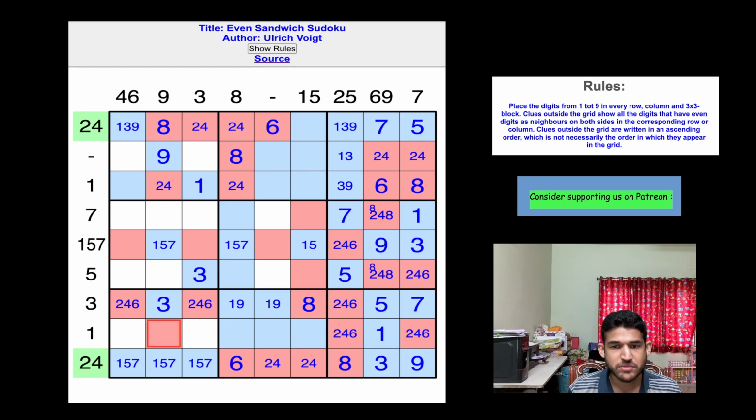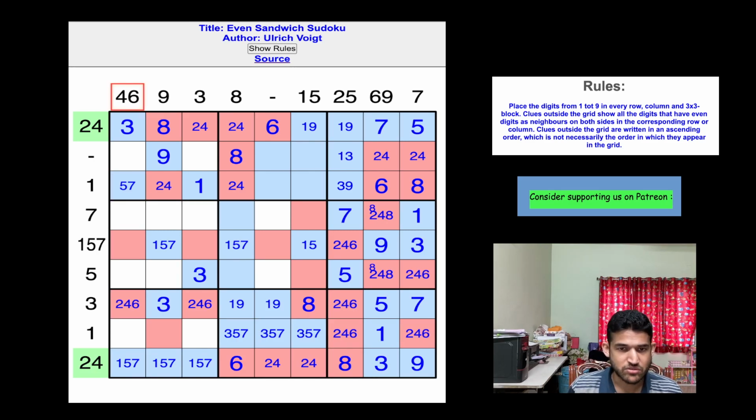Right, these would be 3 5 7. Can't have 1 here because of this one, and 9 is also not possible. Box reduction, that's a 3, so that's a 1 9 1 9. This would be 5 or 7.